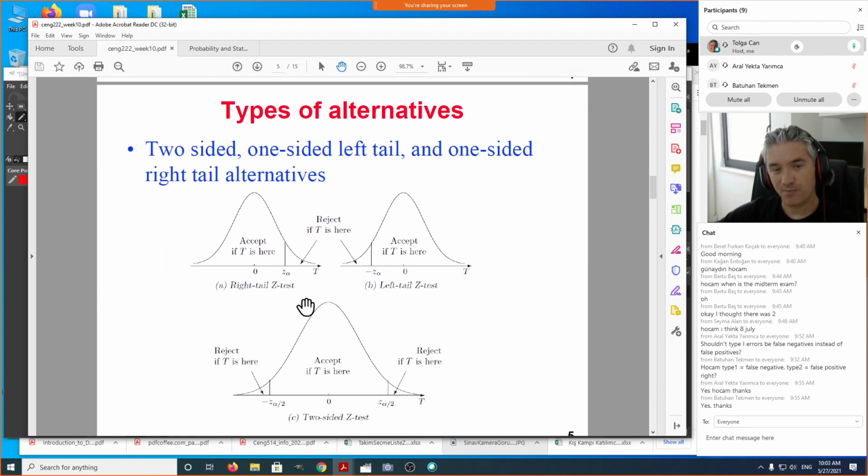And depending on what we're looking for in our test, for example, if we are looking for an extreme in which a certain thing is higher, for example, a test for a disease where you're looking for certain levels of some blood measurement, if it's too high, then that's something bad.